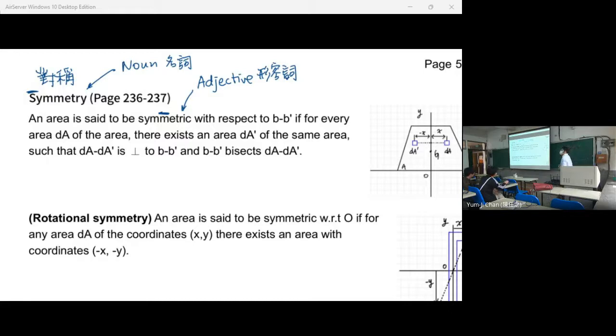Now, after that, there are some words that you can learn. With respect to means 相对于. And usually I will write WRT, and it means with respect to.